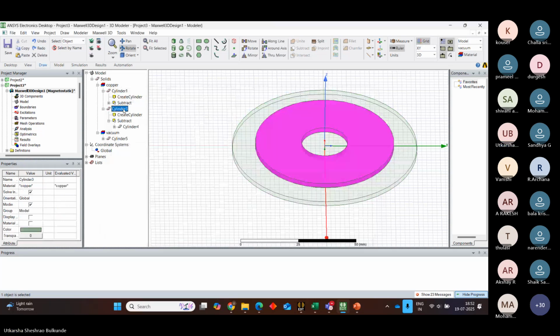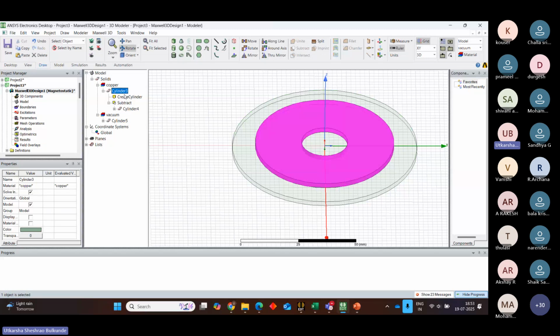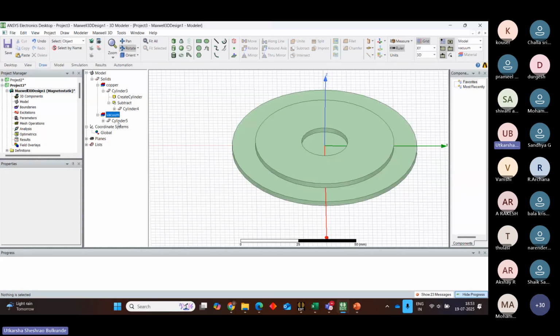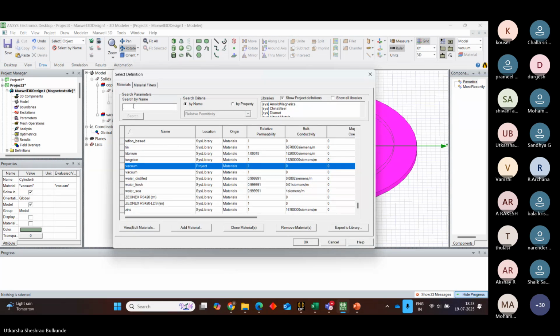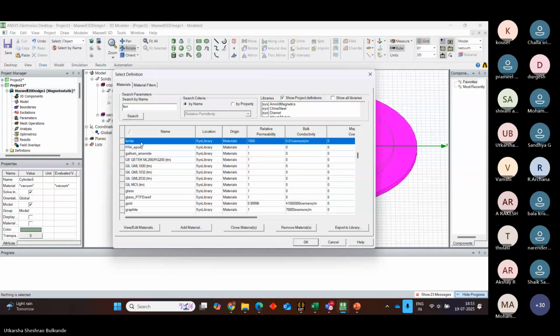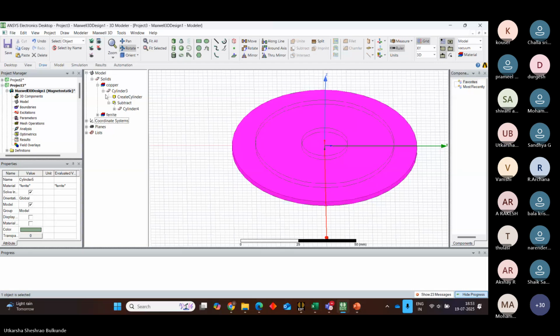Okay, so I have copy pasted one more coil there that I just deleted. So this is your ferrite. Apply. Fine. So your coil is done, your ferrite is done.